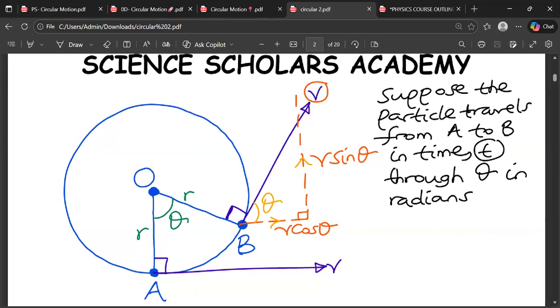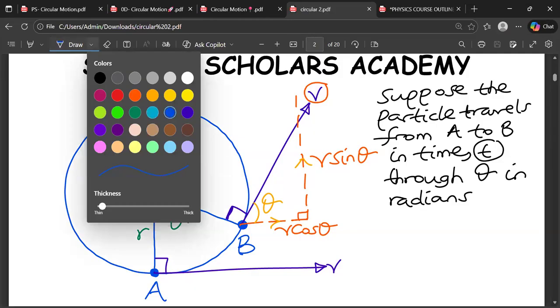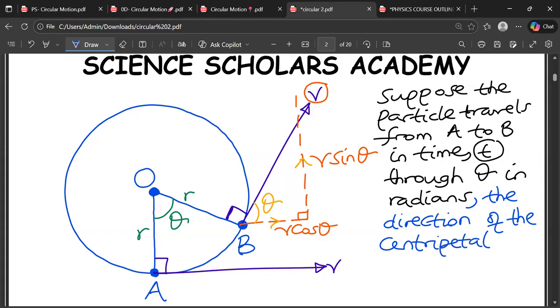And I'm trying to inquire, what can be the direction of the centripetal acceleration in terms of A and O? The direction is AO. That's what I wanted to tell you.